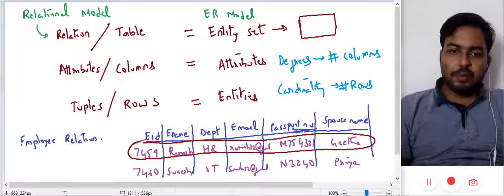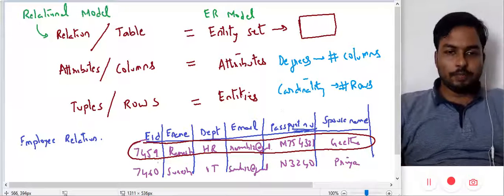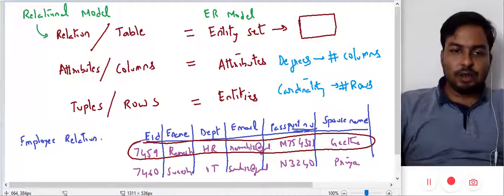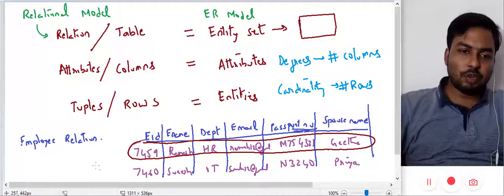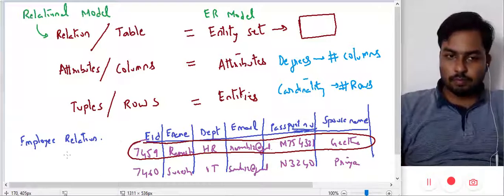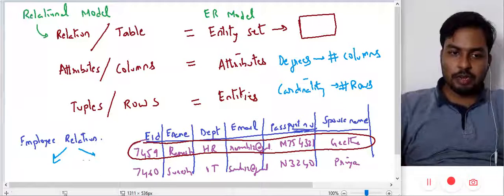If somebody gives you this employee relation and asks what the degree of this employee relation is, what will you tell?